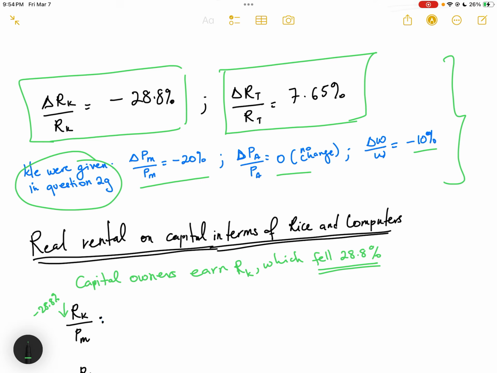Okay. Now, price of computers, that fell by 20%, right? So that fell 20%. What do you think? Are capital owners better off or worse off? Well, they are worse off because their earnings just went down faster than the price of manufactured goods went down.